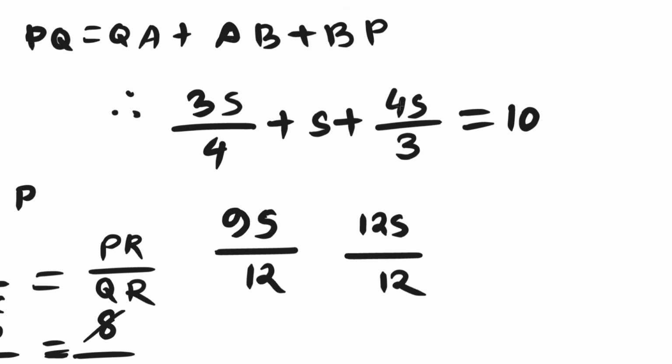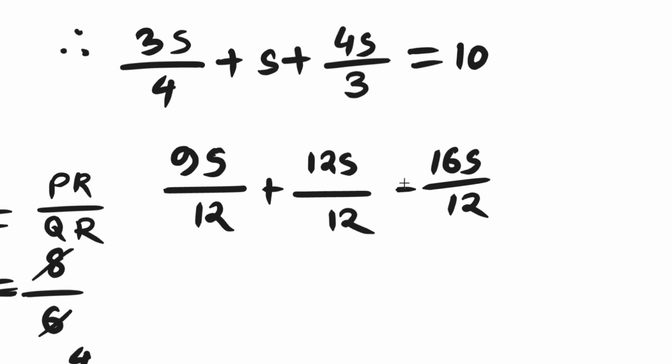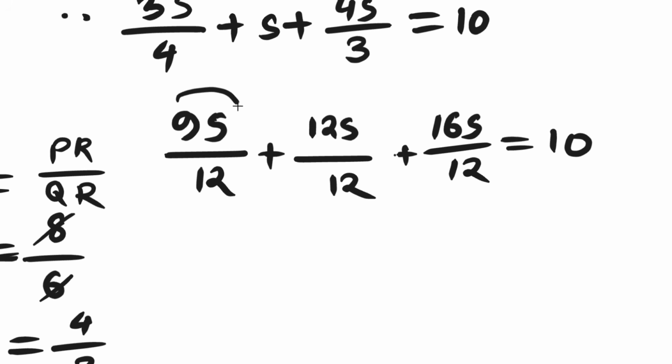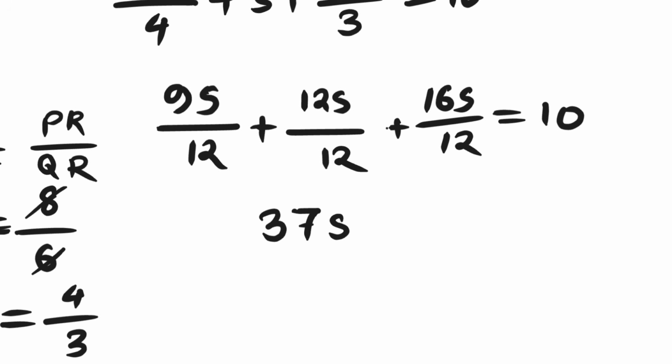Finally, 4S divided by 3 becomes 16S divided by 12 because we multiply numerator and denominator by 4. Now, all three fractions have the same denominator, so adding them is easy. 9S plus 12S plus 16S equals 37S. Therefore, we get 37S divided by 12 equals 10.